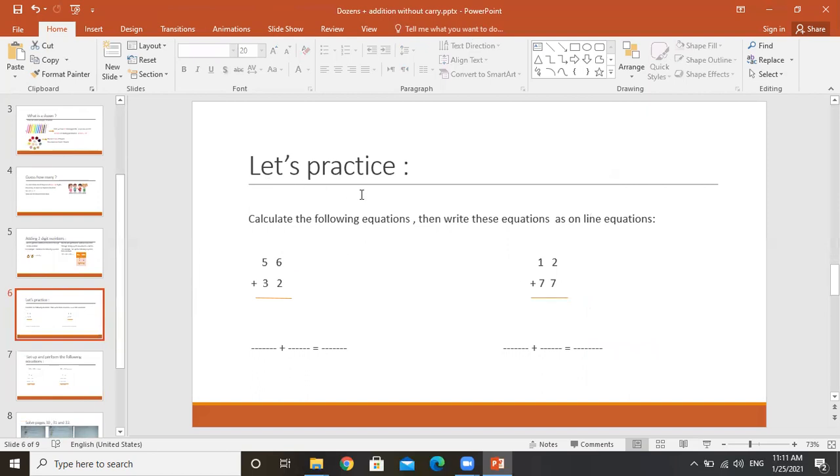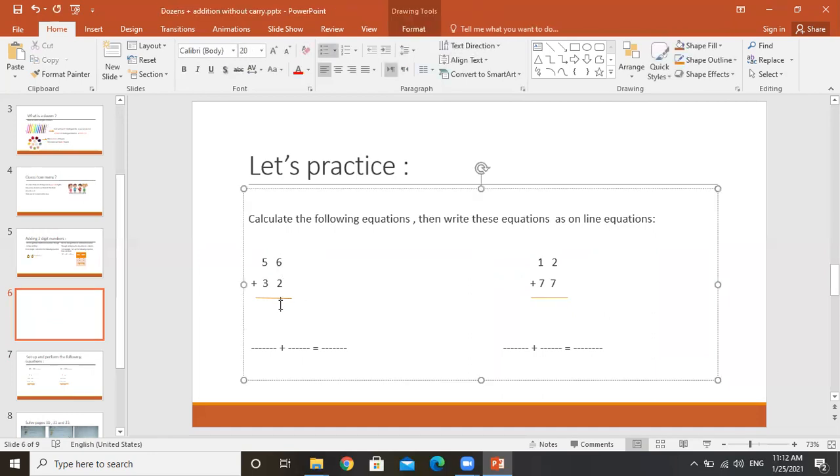Let's practice more. Calculate the following equations, then write these equations as online equations, straight on the line. So here they are given the equation in a column, or they are setting up the equation. We should start from the units. 6 plus 2, which is equal to 8, and 5 plus 3 is also equal to 8.